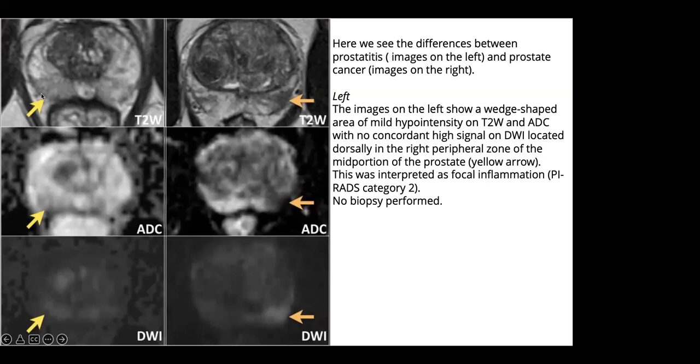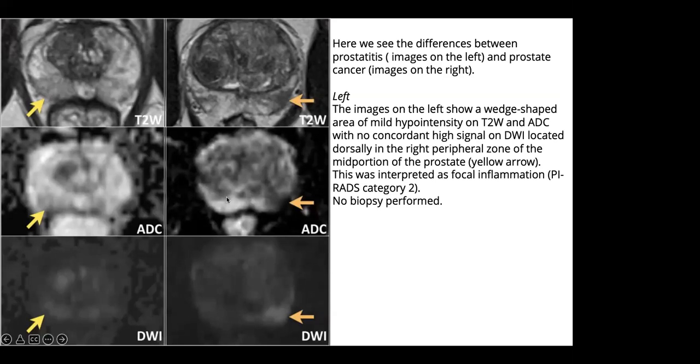This is more hypointense with fuzzy or ill-defined margins, and subsequently on ADC it is markedly hypointense, and on DWI this is definitely bright. So this is highly suspicious for a cancerous lesion versus the changes of prostatitis, which are subtle.